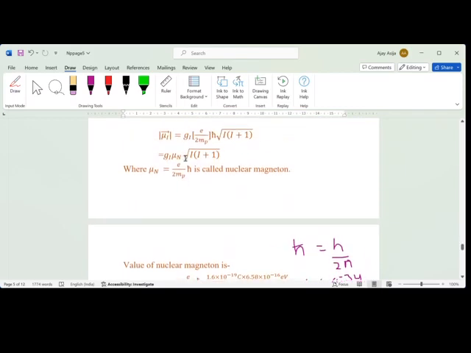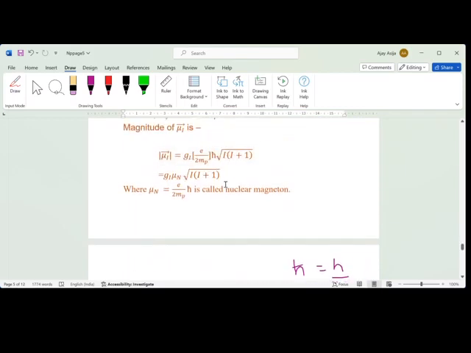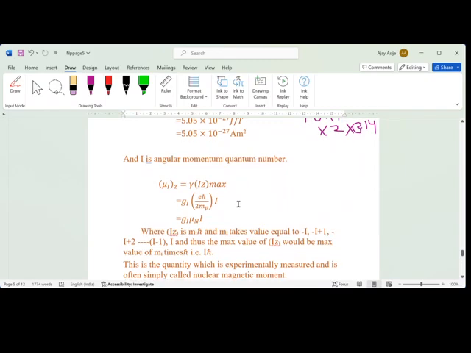And here in this formula, I is the total angular momentum quantum number. Mu I z is equal to gamma I z max. If we take the z component, the maximum value of the z component of total angular momentum, then the formula will become gamma times I z max. I z max has value I into h cut.